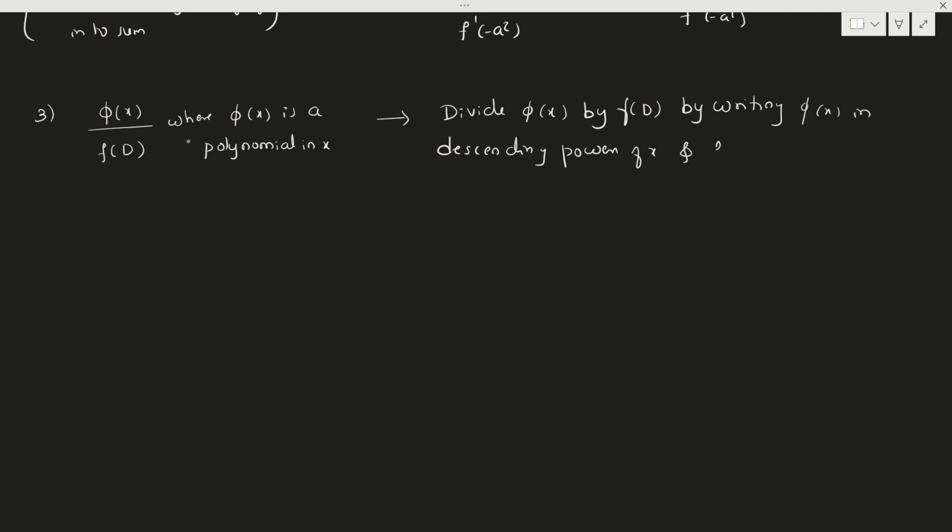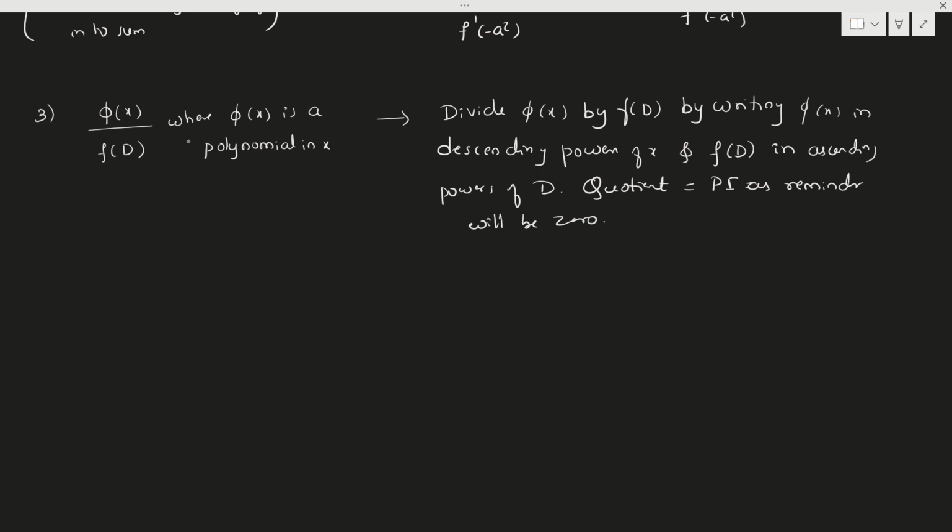And what will we do next? We write f of D in ascending powers of D. We have to write phi of x in descending powers of x and f of D in ascending powers of D. Then the quotient is equal to the particular integral, and the remainder will be 0.